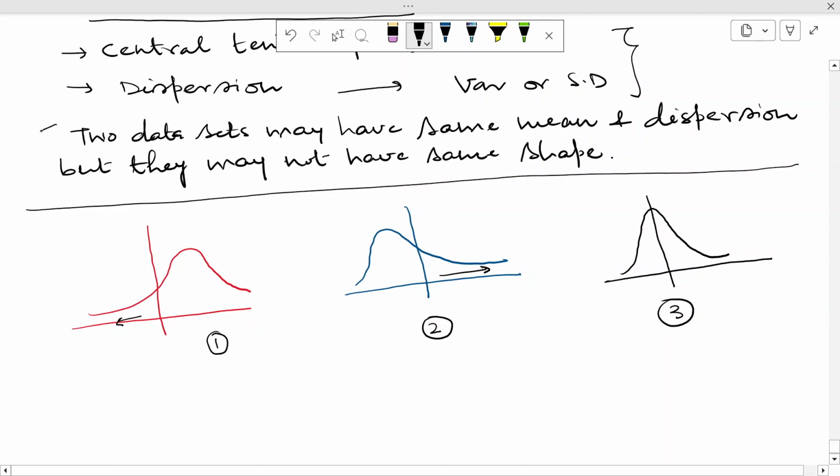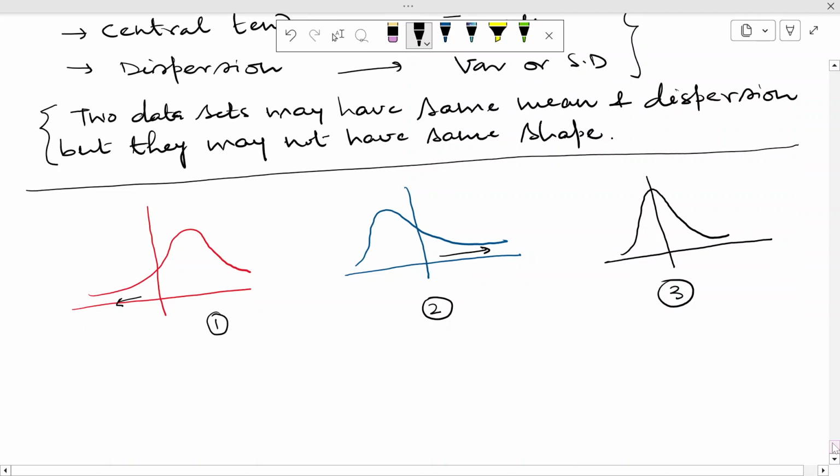The important thing is, whenever we have certain data, we have to calculate certain characteristics of that data. The first one is the mean and the second one is dispersion. Dispersion means we may have variance or standard deviation. These are two very common tools. It is possible that two data sets have the same mean or dispersion, and even then they may not have the same shape.